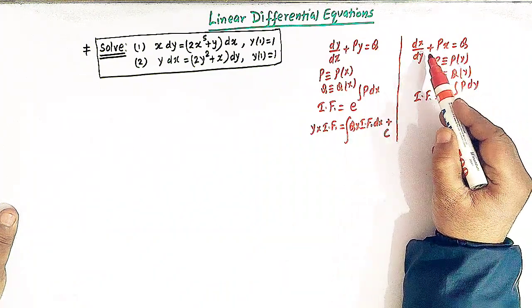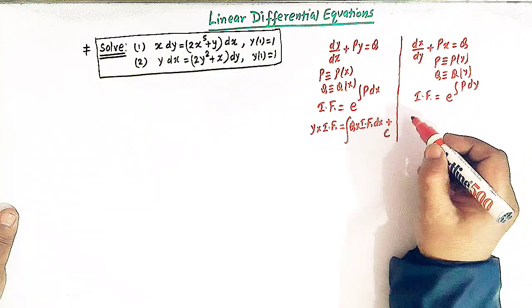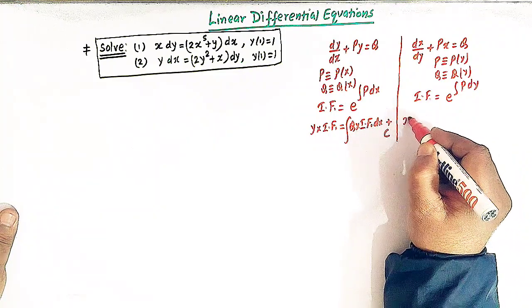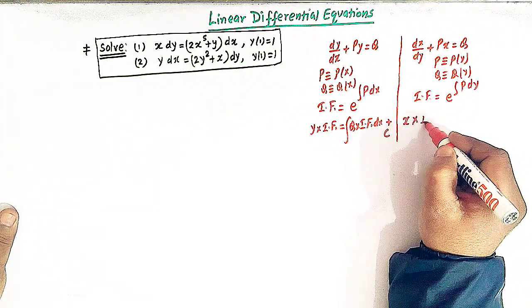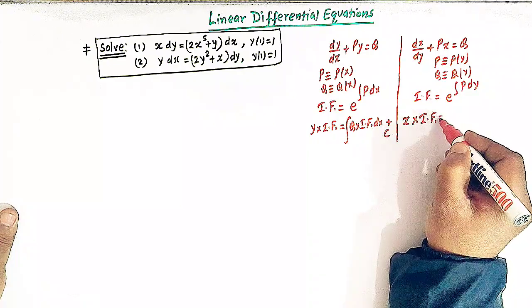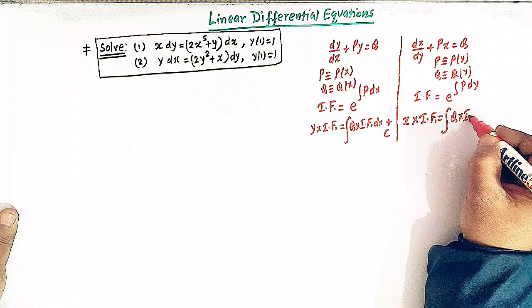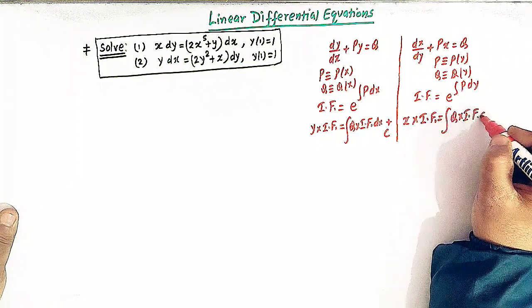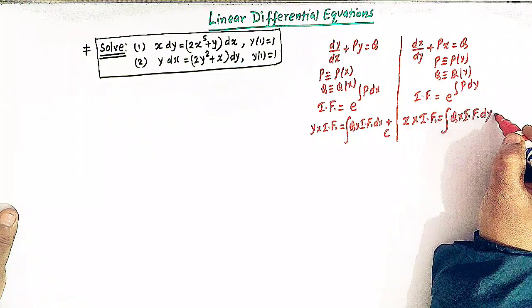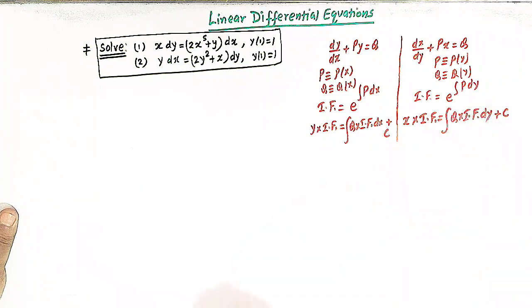And for the other type, the solution is given by x times integrating factor is equal to integral q times integrating factor dy plus c, where c is the constant of integration.